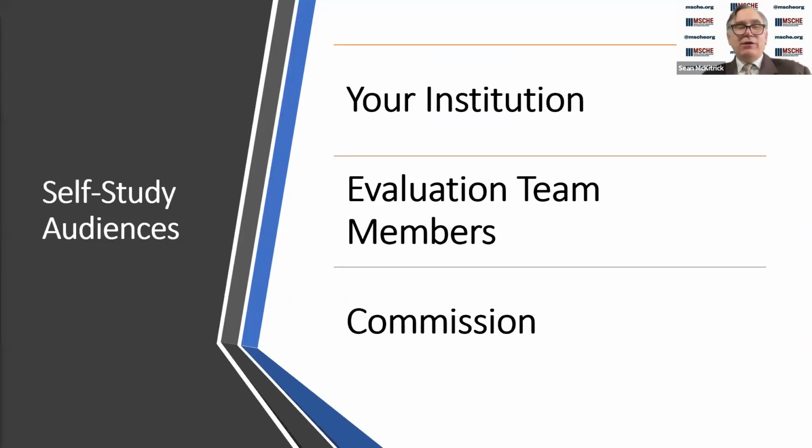So as you may have noted, always keep three audiences in mind when developing, refining, and using your evidence inventory. The institution uses the evidence inventory and is a primary audience, and it's important to keep in mind that your stakeholders are an audience. Evaluation team members are also an important audience because they use the information to evaluate your institution.